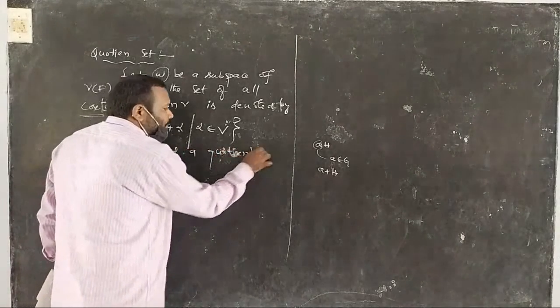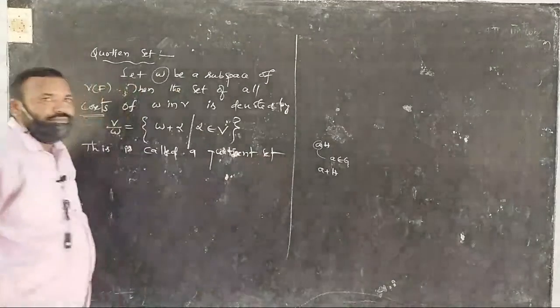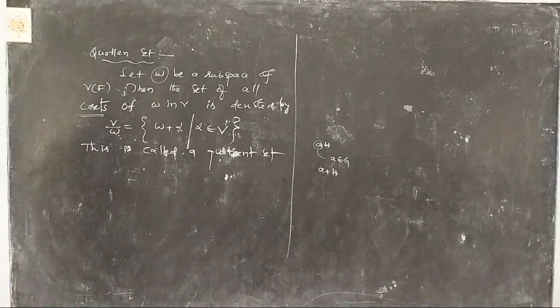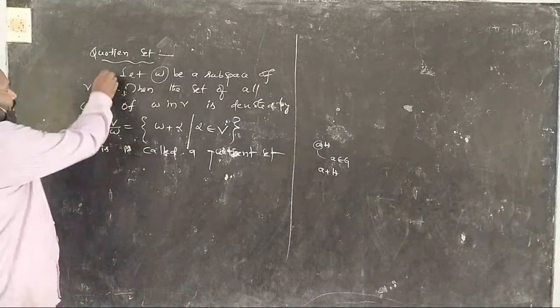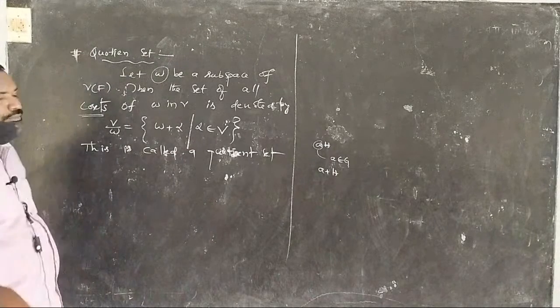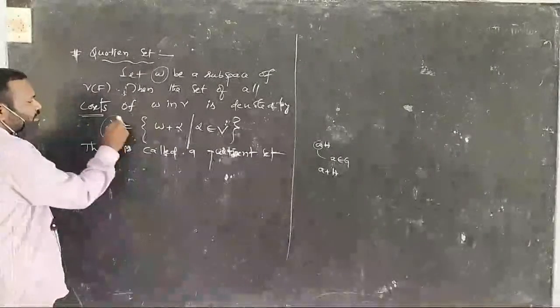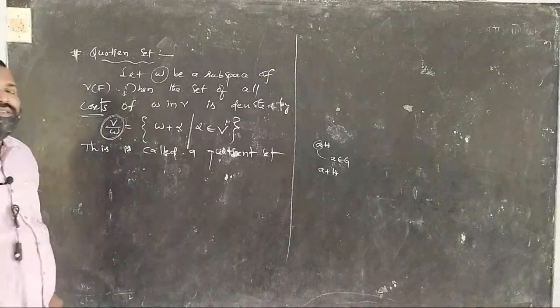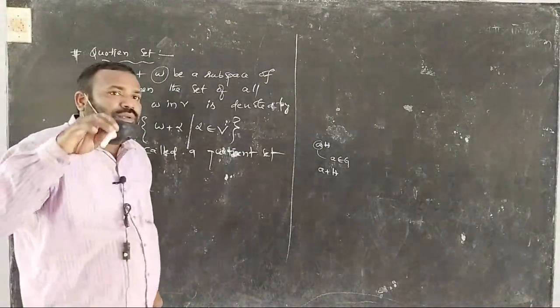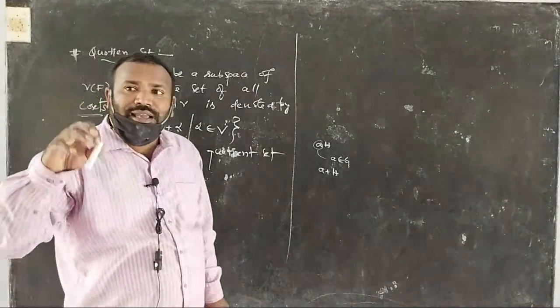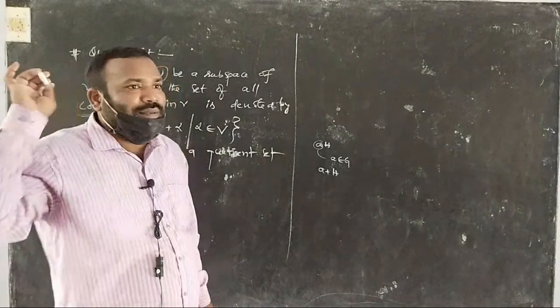Why quotient? Because it is like a fraction, and with a fraction we say quotient. This is called a quotient set. Write this definition. Next, this quotient set will form a vector space with respect to cosets addition and scalar multiplication.